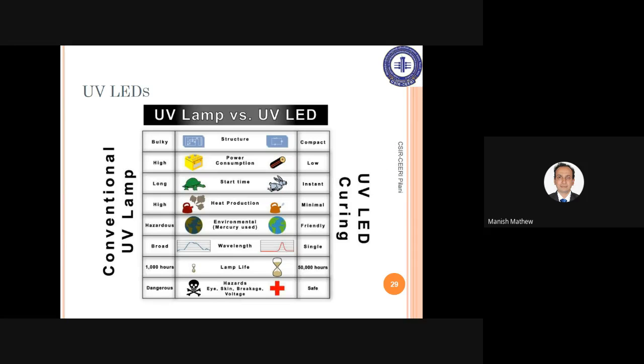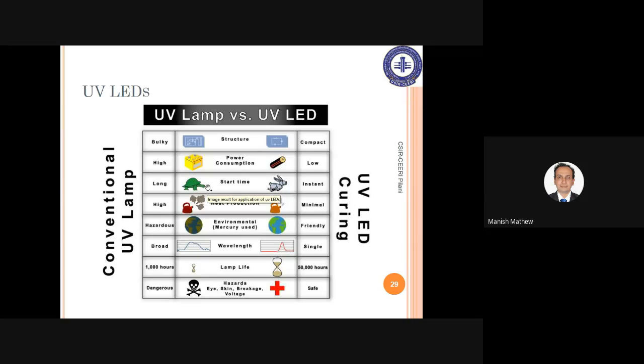Now, why do we need these UV LEDs? Conventionally, people are still using UV-based lamps. Now, what is the disadvantage of a UV-based lamp? First, it is very bulky and requires very high power as compared to an LED. And the thing is the starting time.